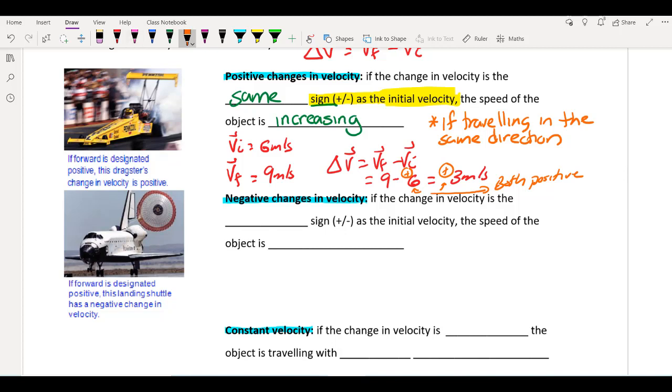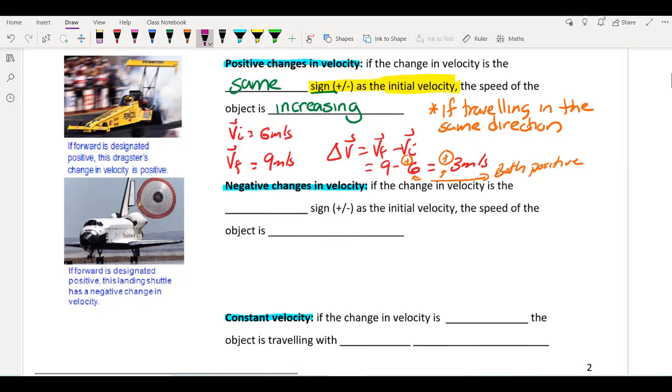A negative change in velocity is if the change in velocity is an opposite sign to the initial velocity, and the speed of the object is decreasing, right? So we'll say that the initial velocity is 9 meters per second.